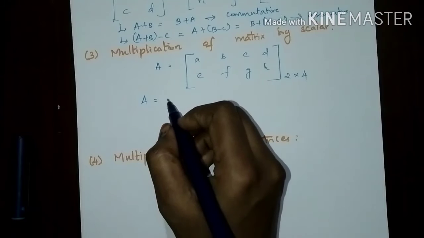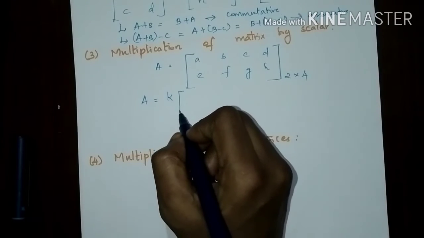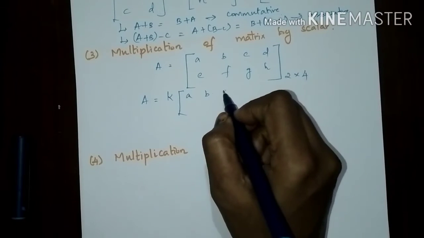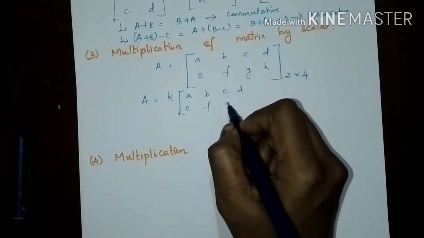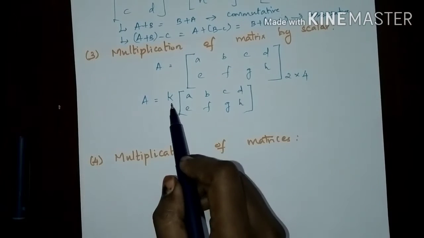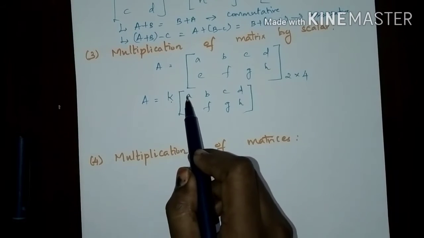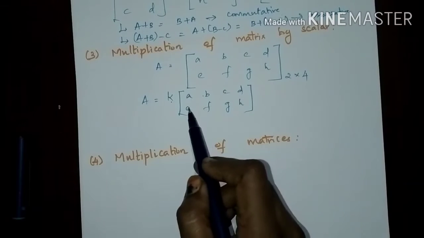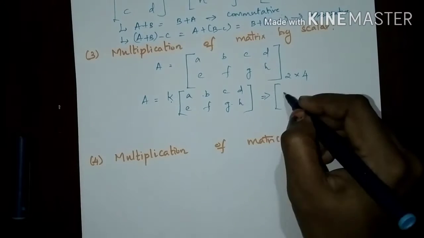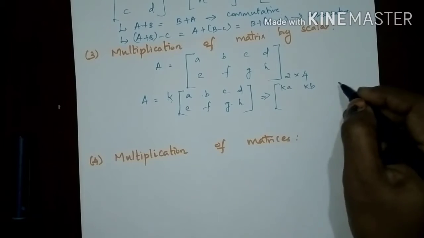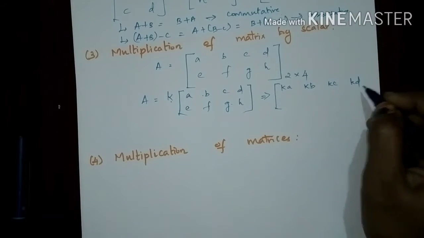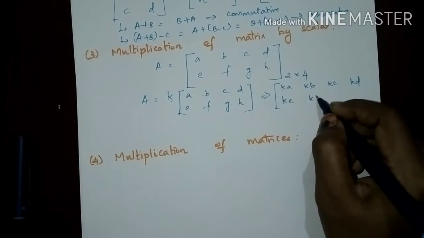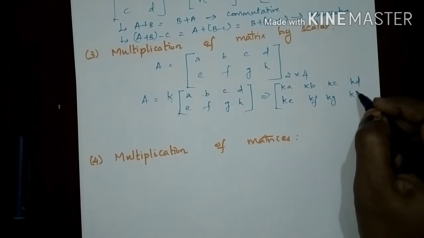It can be of any value. I represent here the scalar as K. The scalar is going to be multiplied with each element present in the matrix, like Ka, Kb, Kc, Kd, Ke, Kf, Kg, Kh.